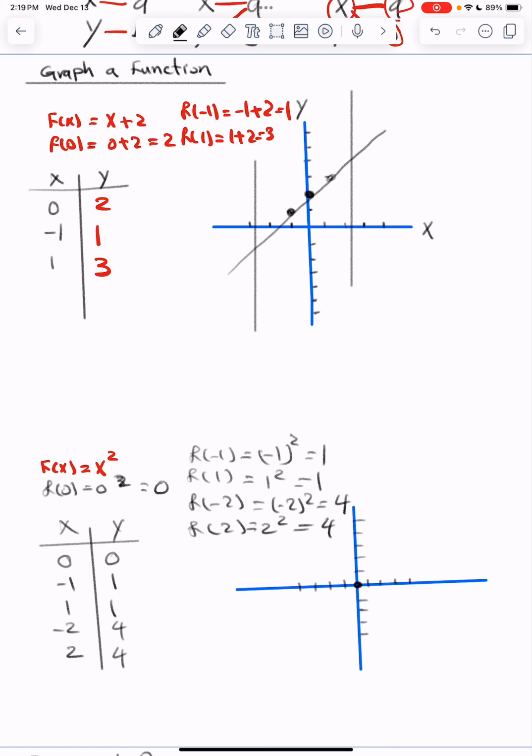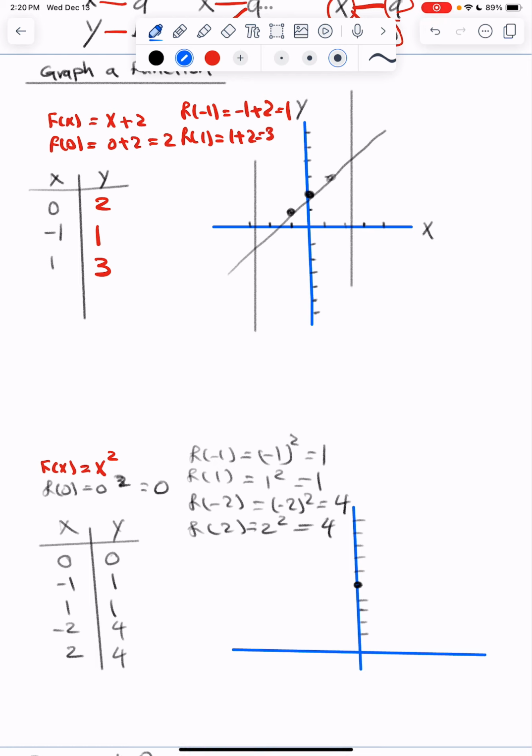I wrote everything on here, I won't have space to do this, so let's take this here. Good. So I have 0 and 0, 1 and 1, negative 1 and 1, 2 and 4 up here, negative 2 and again 4 up here.